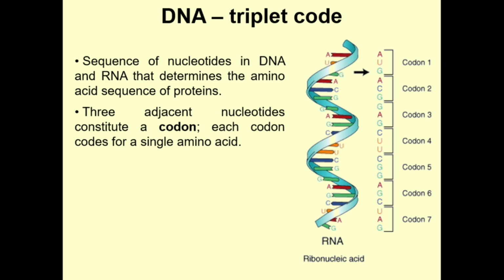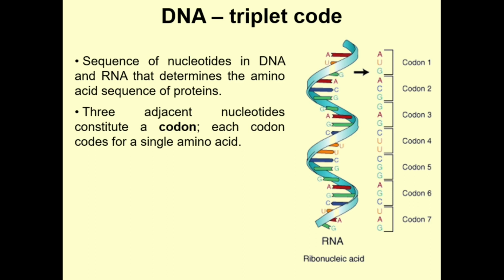So when we look at a particular section of DNA that carries all of the instructions for building a particular protein, that is what we would refer to as a gene. So that is what a gene is. It's a section of DNA that carries all of the instructions for building a particular protein.